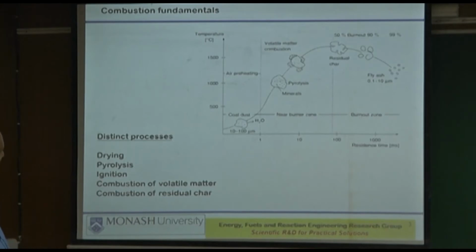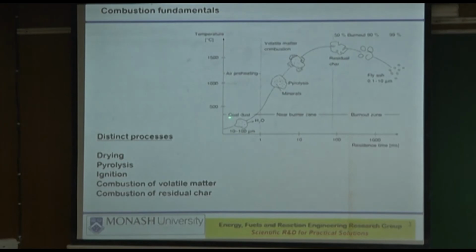Another important aspect here is the temperature scale. So you can see that by the time the coal is dry, within that time, for that particle size, it has already experienced a temperature of about 400 degrees Celsius.